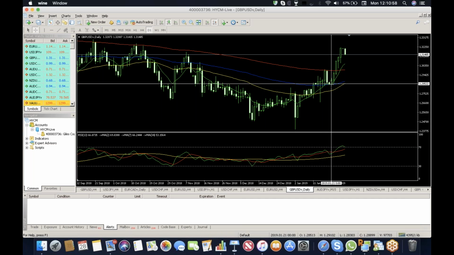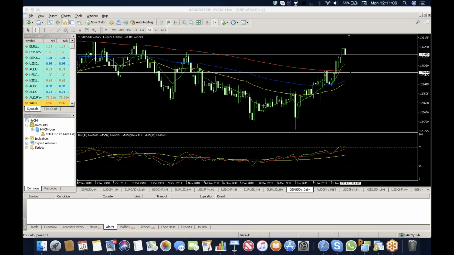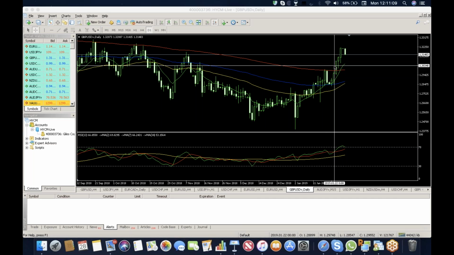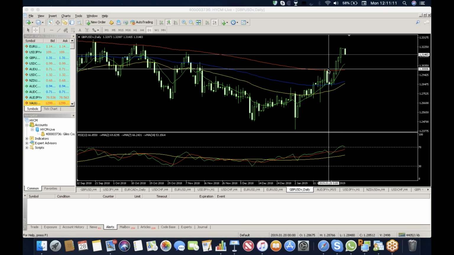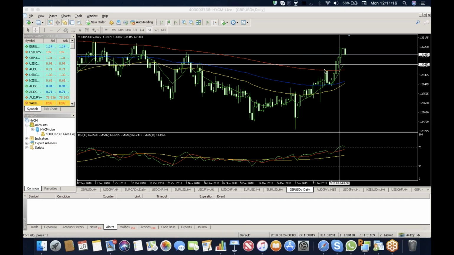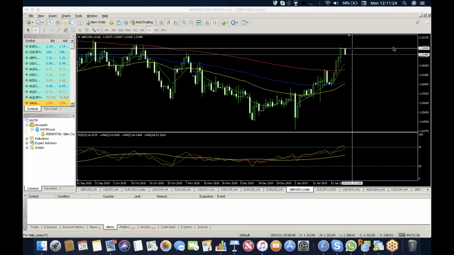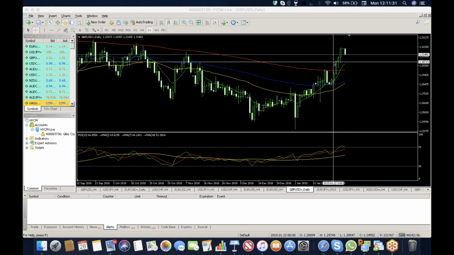We looked at entering with stops just above the lows and taking profit at the 200 exponential moving average. You can see that trade came off very nicely and actually overperformed, breaking through the 200 exponential moving average quite clearly. And then I was looking at another potential of getting long here at the mid of last week and playing further up to these highs. There's a 200 simple moving average on the daily chart that's just a little bit higher. So that's what was going on with the pound.